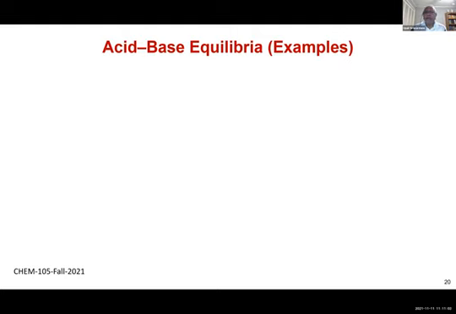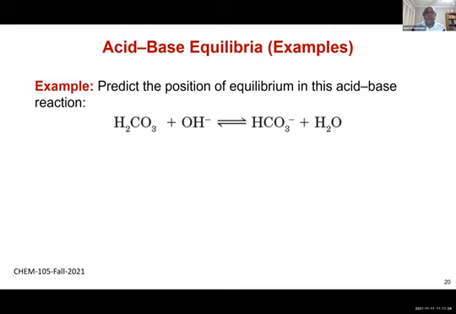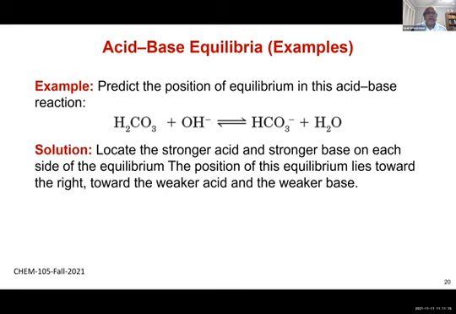Let's see one more example. Predict the position of equilibrium in this acid and base reaction. Locate the stronger acid and stronger base on each side of the equilibrium. Carbonic acid is a stronger acid than water.